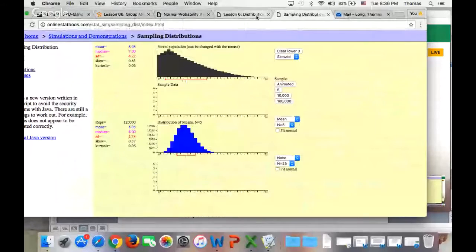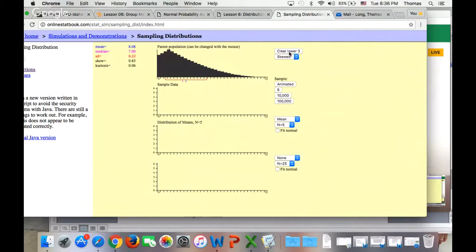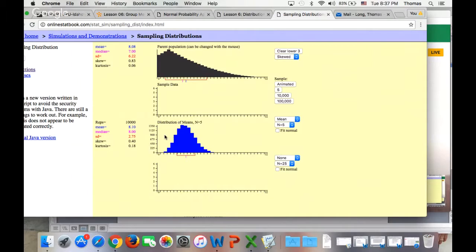So this is a little applet here. I did skewed, and this is right skewed. N equals 5, and I did 10,000. So would you say that's right skewed since it's way over here? I would say so.